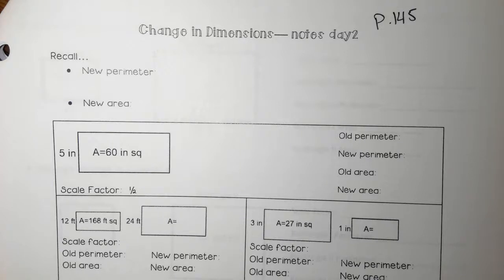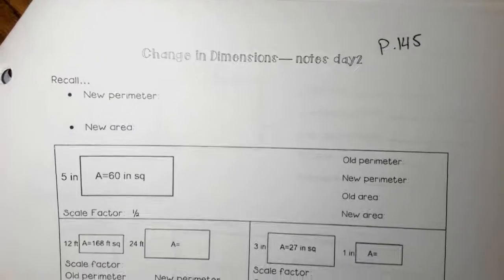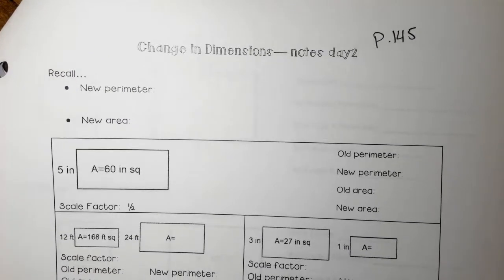So today we are going to manipulate some formulas to help us take those shortcuts of multiplying the original perimeter by the scale factor, and multiplying the original area by the scale factor squared, to find the new perimeter and area for our images.